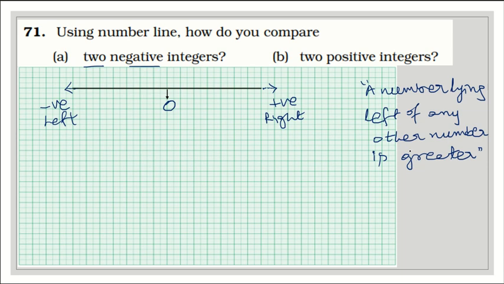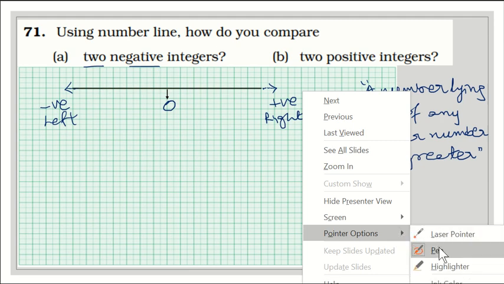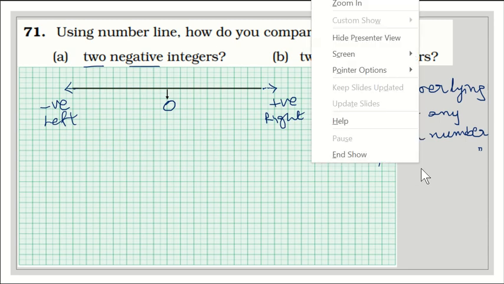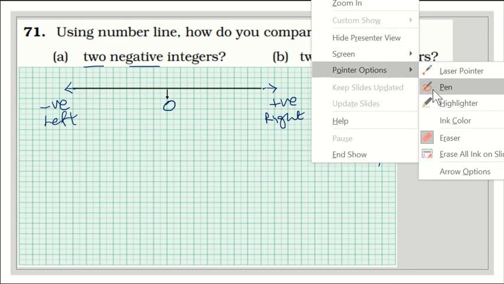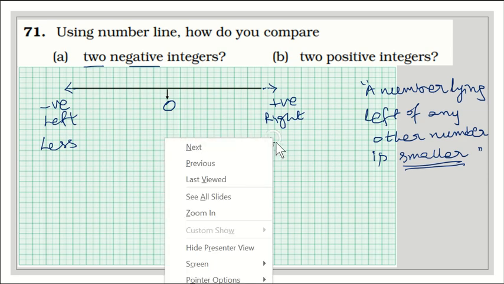It is smaller. Let me do the correction here. It is not greater, it is smaller. So the number which lies on the left side is less, and the number which lies on the right side of the other number is greater.